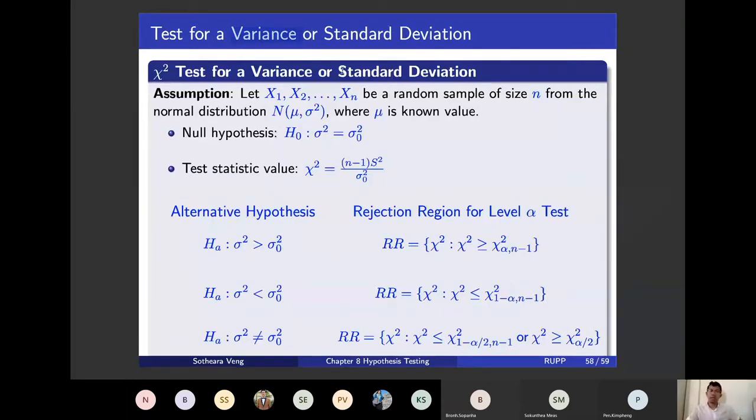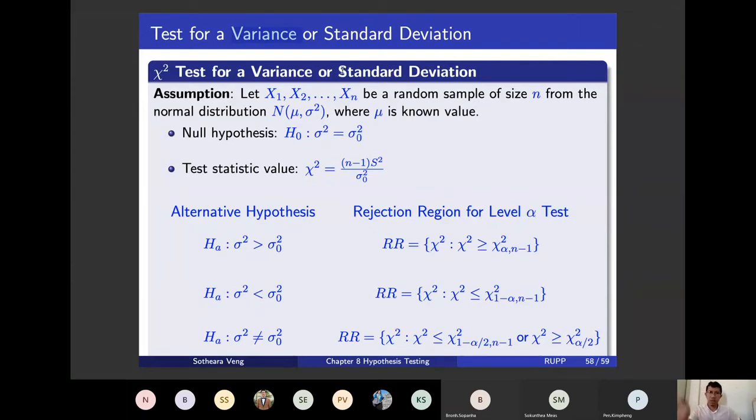Okay, this makes sense because in general, the two parameters, the population mean and the population variance, are unknown, right? So you may also want to test about the variance.